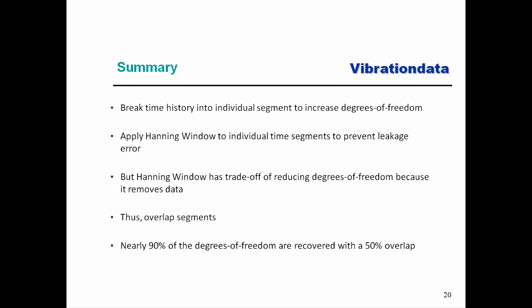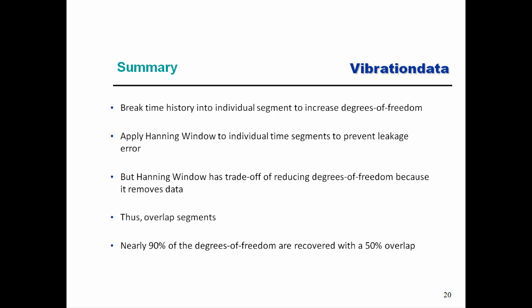Okay. So in summary, what we can do for our power spectral density calculation is we can break our overall time history into individual segments, and we do this to increase the statistical degrees of freedom. Now, as you recall, we had the potential error source called leakage, and despite what that bullet says, we can never really prevent it, but we can suppress it.